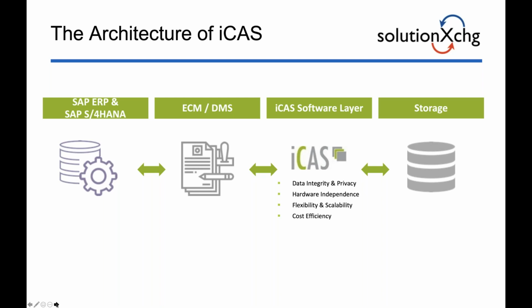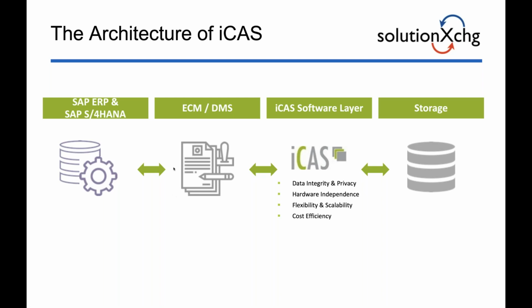A solution for that is iTernity ICAS. And what does it look like when we're looking at an SAP environment? We would start out with SAP, and we can archive our data and our documents to an enterprise content management or document management system.